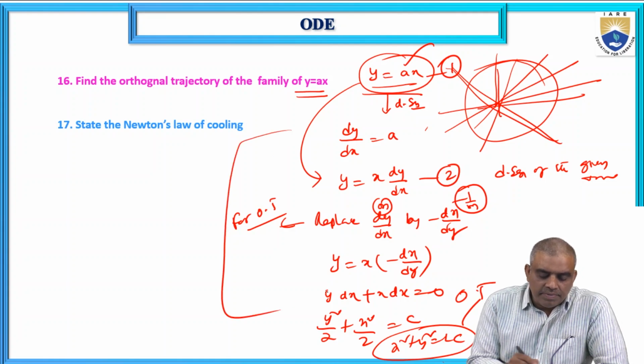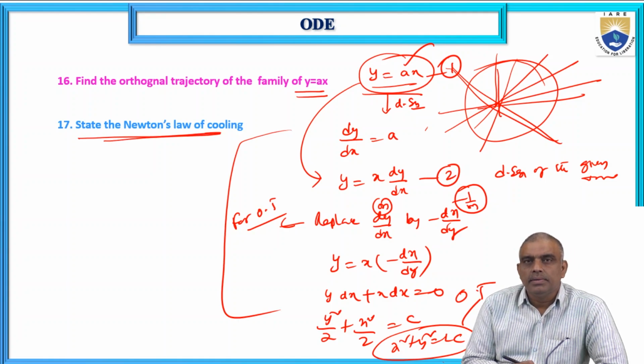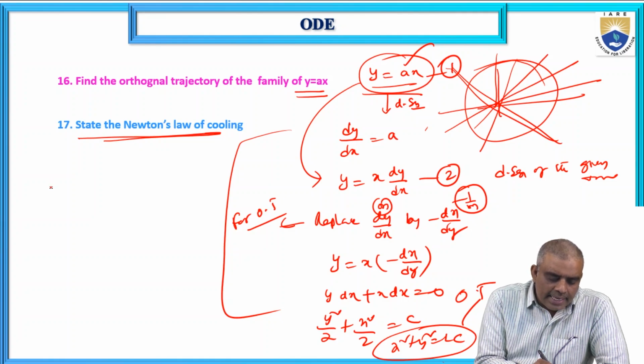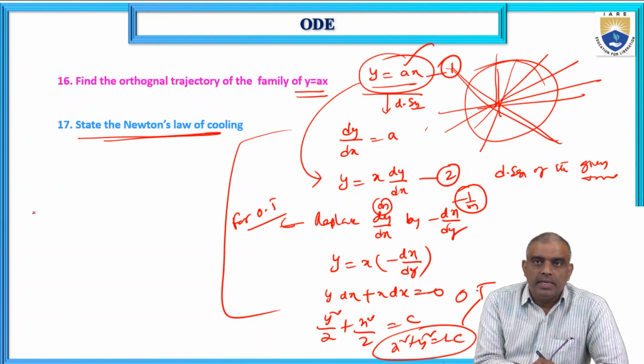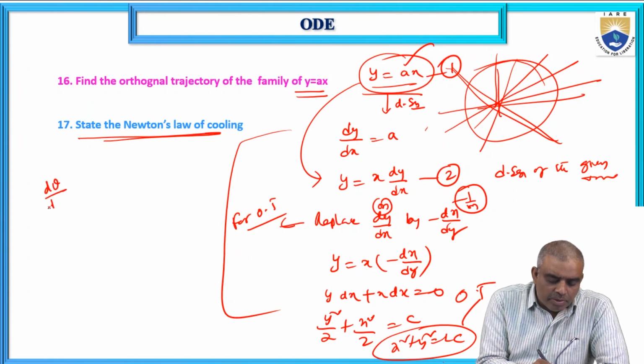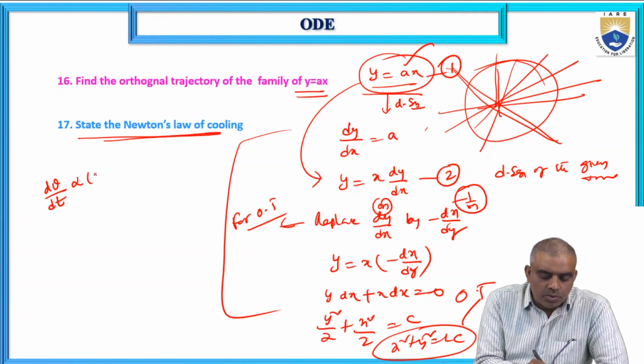Then the last definition: state Newton's law of cooling. What is Newton's law of cooling? Suppose the rate of change of temperature of the body, d theta by dt, is proportional to theta minus theta naught.